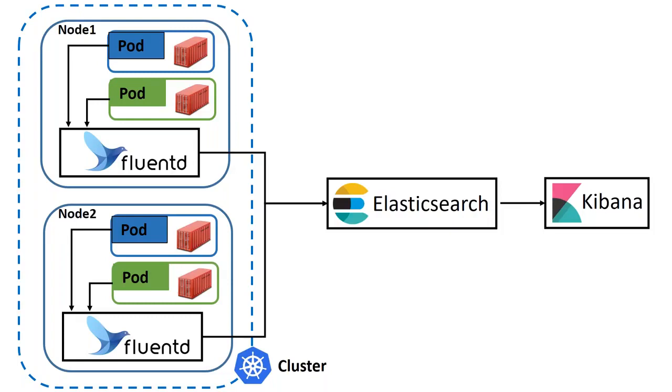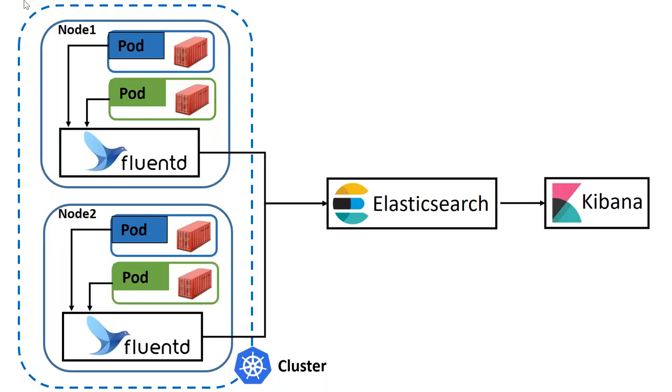And not just that, when you have all these things within the Kubernetes cluster, the applications, especially Fluentd and Elasticsearch, can work together. So typically, I need to have my Fluentd running on my container, or on the machine on which my Kubernetes is running.